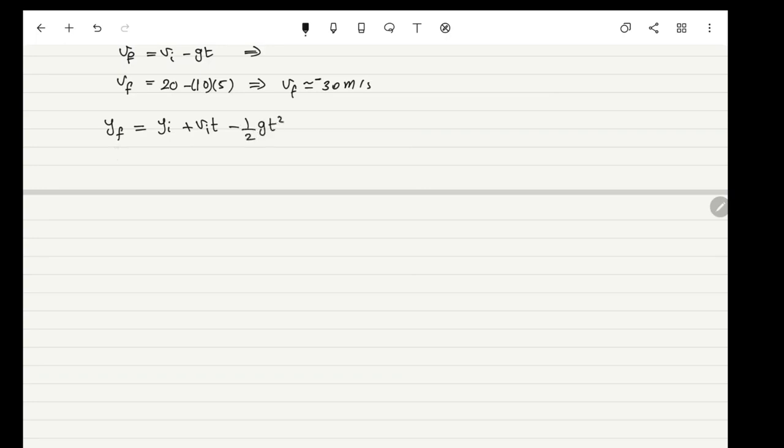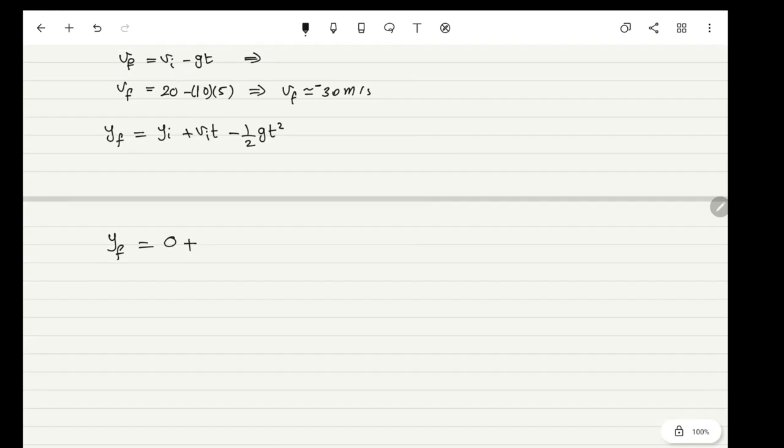So Y final equals 0 plus V initial 20 times 5 minus half 10 times 5 squared. You find that Y equals minus 22.5 meters.